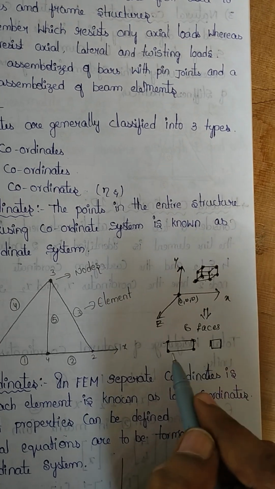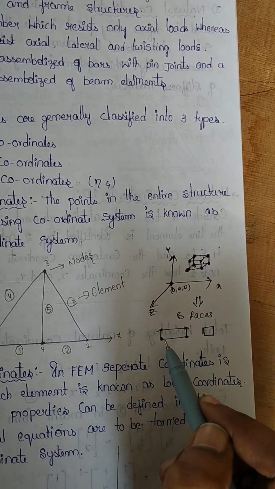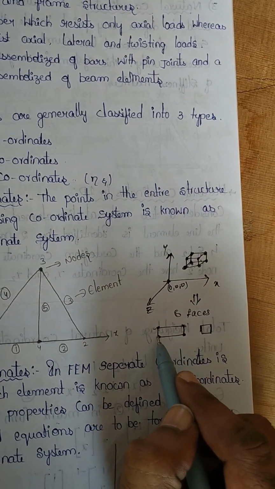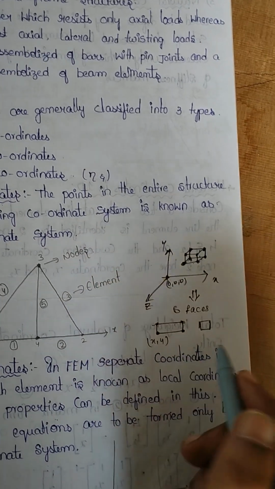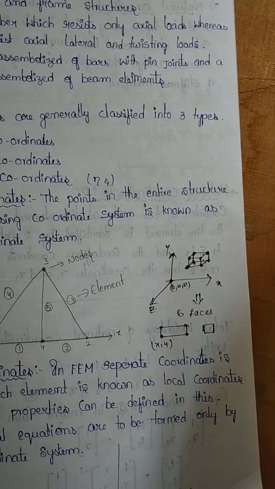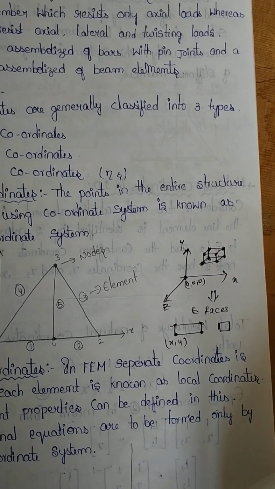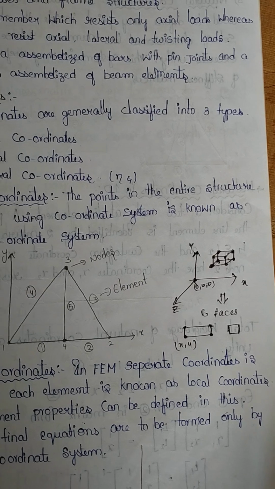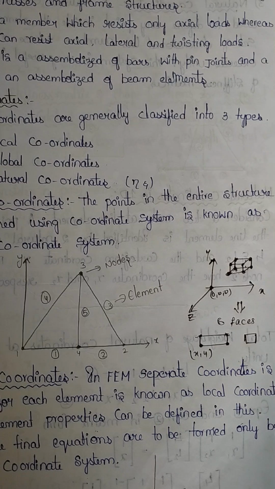After discretizing the parent element into a number of sub-elements, those sub-elements need to be referred with a coordinate system. Those coordinates are termed as local coordinates, which means whatever coordinates we give for the parent element are termed as the global coordinate system, whereas after discretizing the parent element into a number of elements, the coordinate reference points we give for them are termed as local coordinate points.